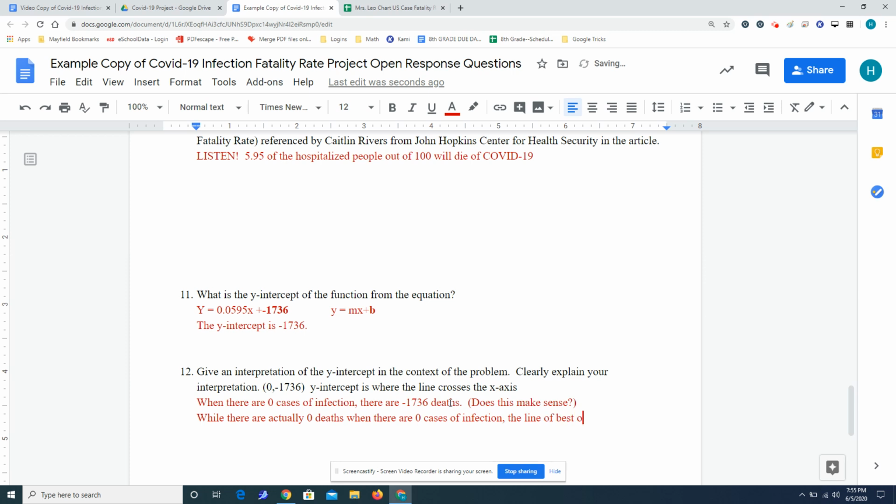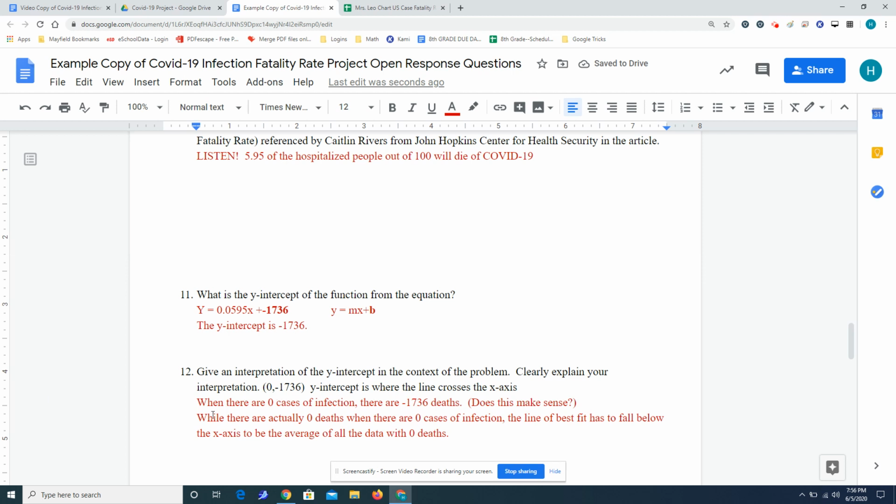The line of best fit has to fall below the axis, to be the average of all the data for the deaths.